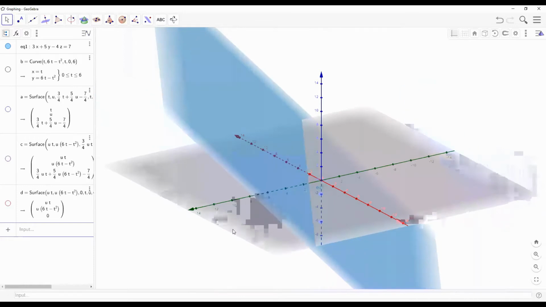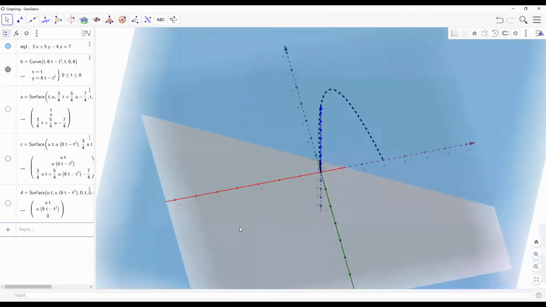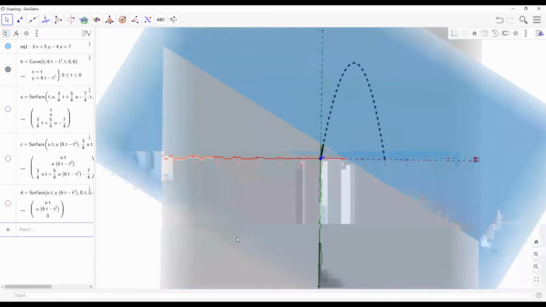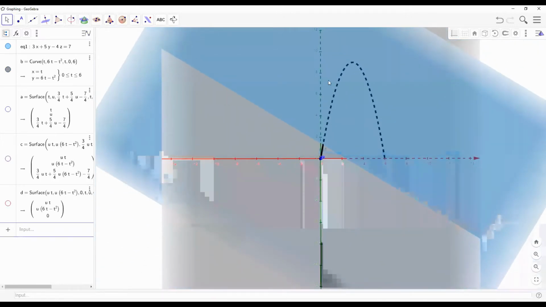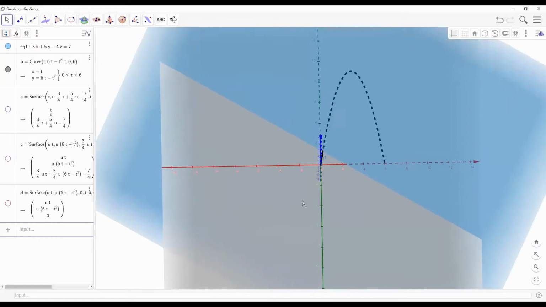And the region that was asked was between this curve and the x-axis. Here's our xy view of that. We have this curve 6x minus x squared is equal to y. And what we really want is the surface area from the region above this. Although technically it's not all above.